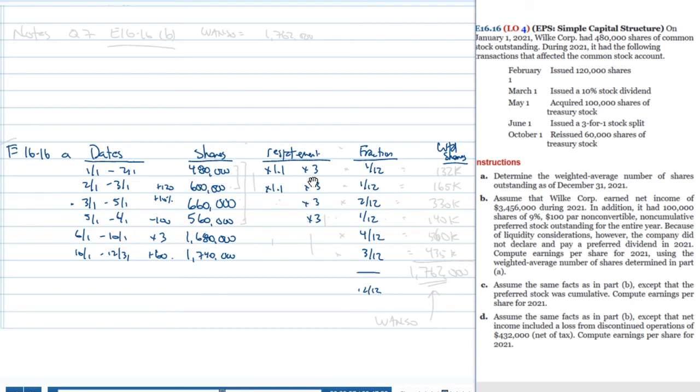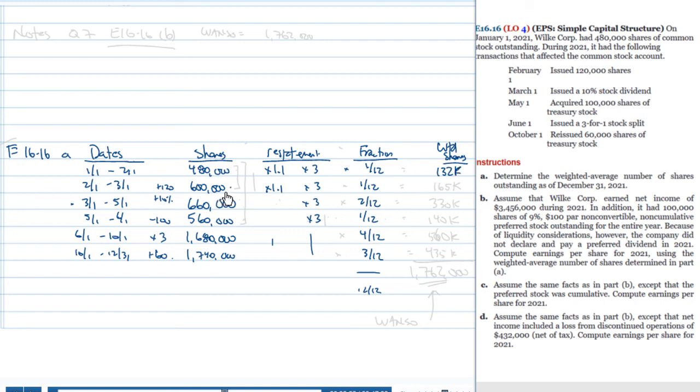But everything after here has already been subject to the stock dividend, and everything after here is subject to the split. So here's what we need to do. We need to walk through each of these line by line. We're going to take our 480,000, multiply it by 1.1, multiply it by 3, multiply it by 1/12, and that gets us 132,000 shares.